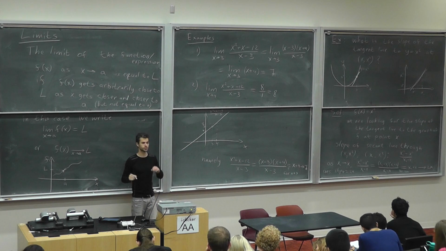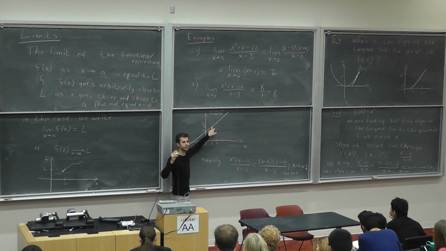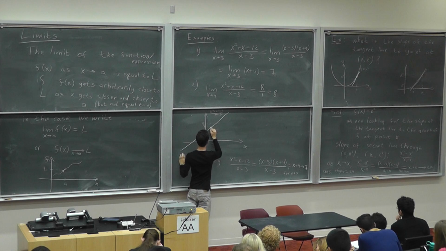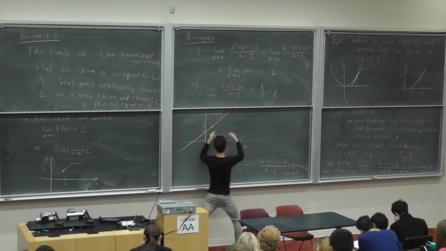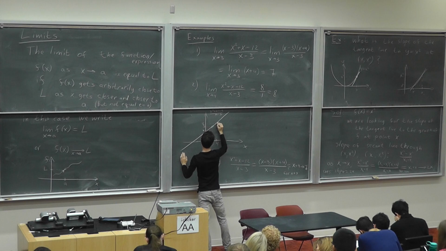In both cases, we did not argue anything about the actual value of the function at the point 3 or at the point 4. In the first case, we argued about the behavior of the function as x goes closer and closer to 3. In the second case, what happened to the function as x is closer and closer to 4.